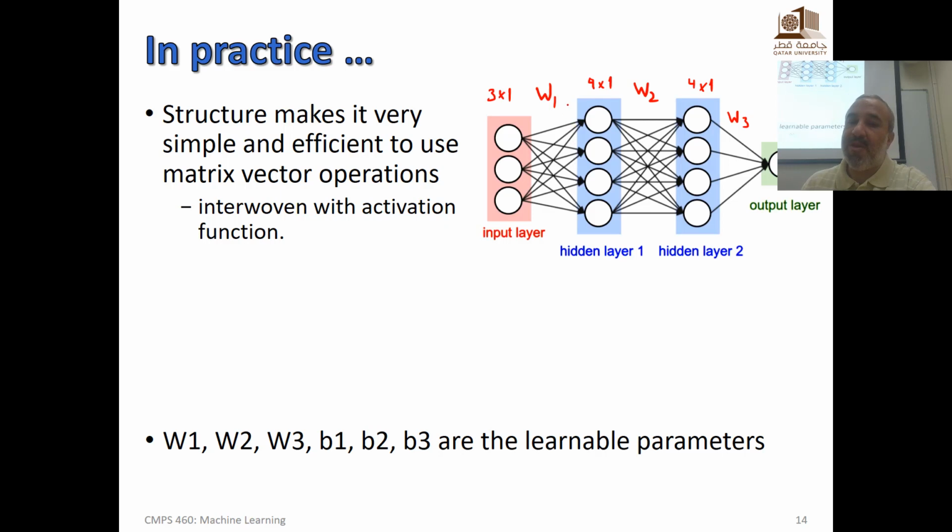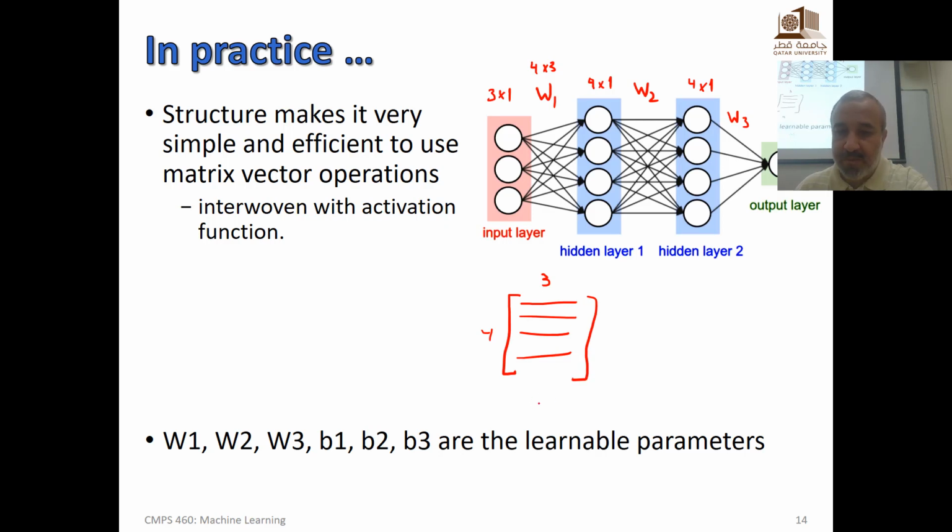Now the weights are represented as matrices. So this matrix is 4 by 3. Let's say that this is W1. So it's 4 rows times 3 columns.